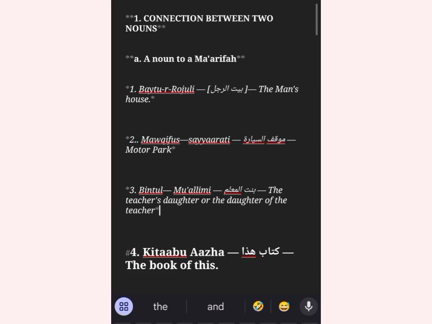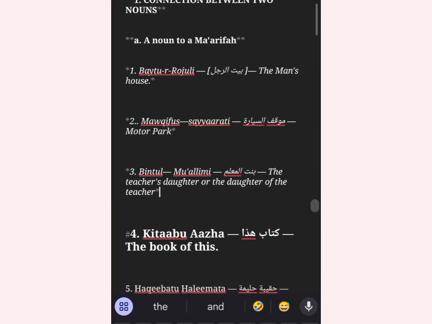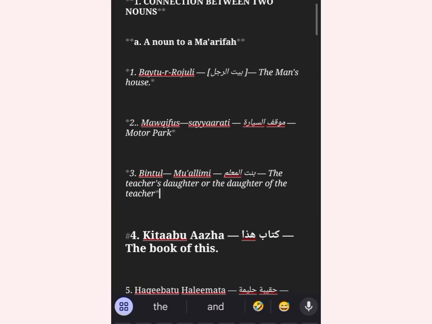So for you to understand better, you can start off by expressing possession using of. In that case, the daughter will come first, just as it will in Arabic: the daughter of the teacher, bintul muallim.